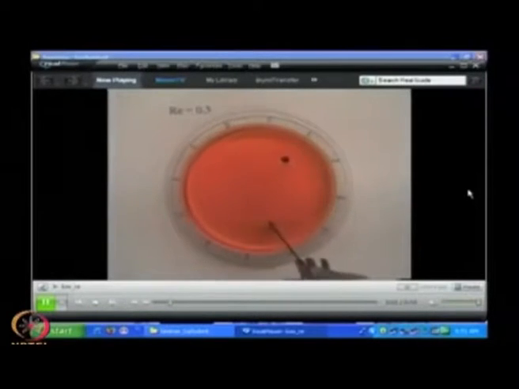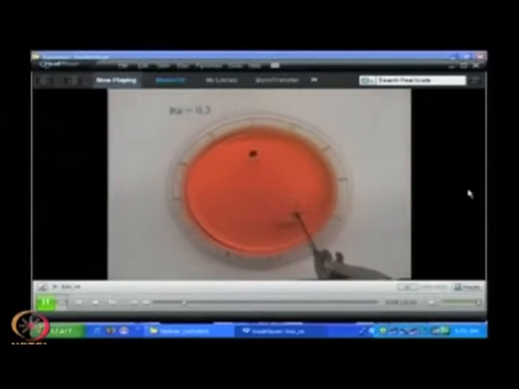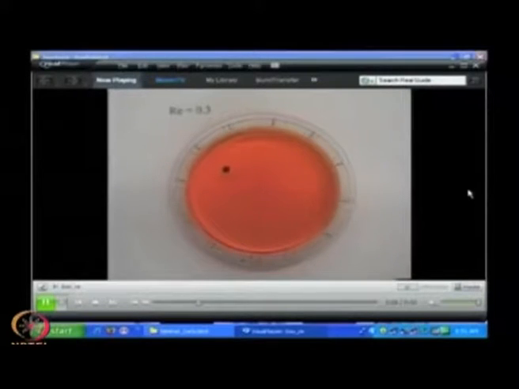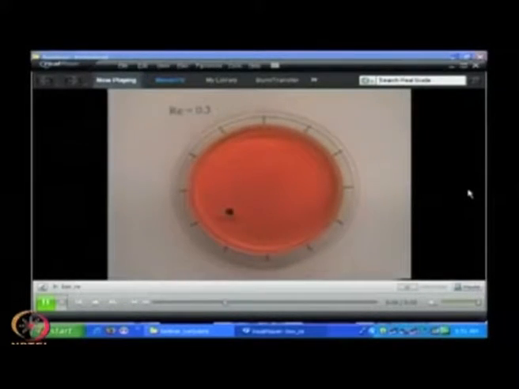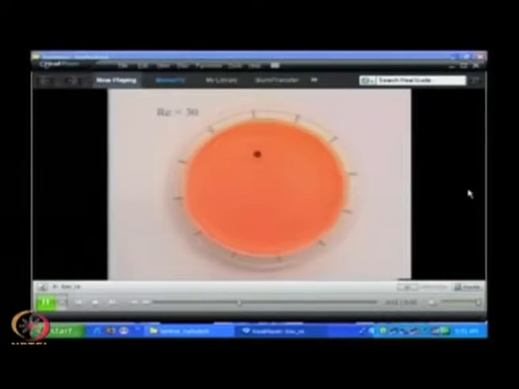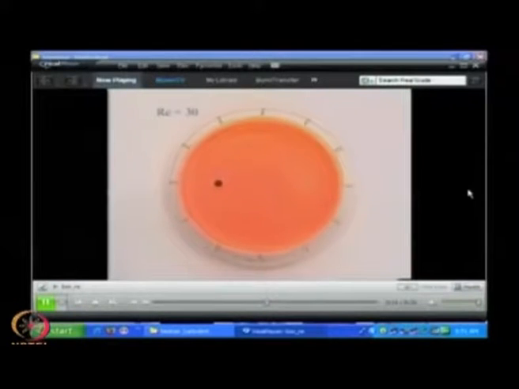So this is an example with Reynolds number equal to 0.3. See, there is a red dot marker in the flow, and if you were careful, you saw that initially there was a disturbance, like it was stirred a little bit, but that disturbance has no influence on the flow.